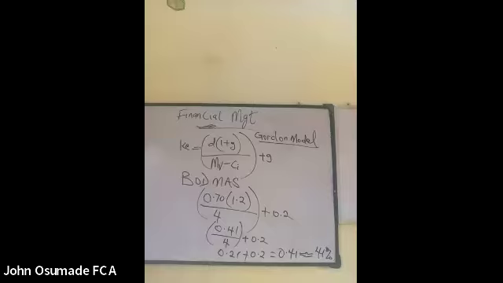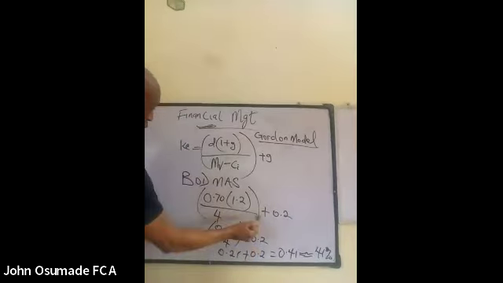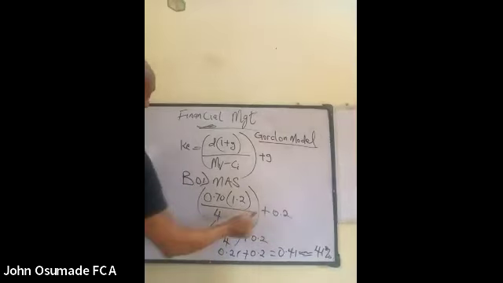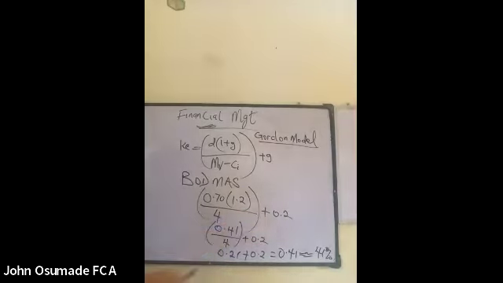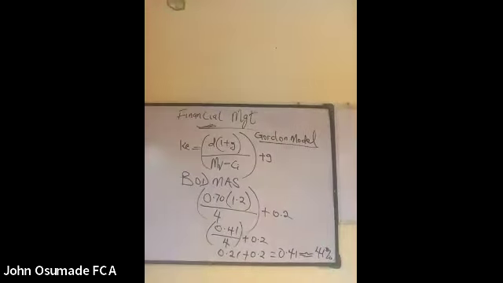Delete that plus 0.2. It's not supposed to be there. The 0.2 that is supposed to be there is this one plus 0.2, not 4 naira plus 0.2. I see on my board there's 0.2 here, plus 0.2 here, then plus 0.2 here. Remove this one. It's a typographical error. Do you understand? Remove it.